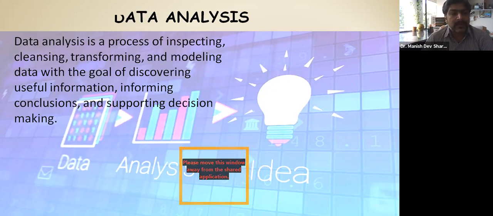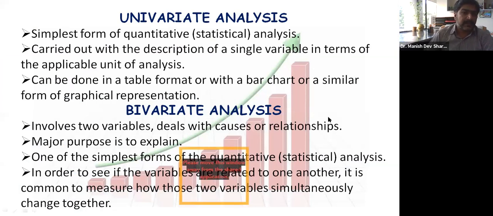Of course you can move towards the modeling of the data. There are particular models you have to fit to your data and find whether it is suitable for your particular research or not. Another thing is univariate analysis and bivariate analysis.